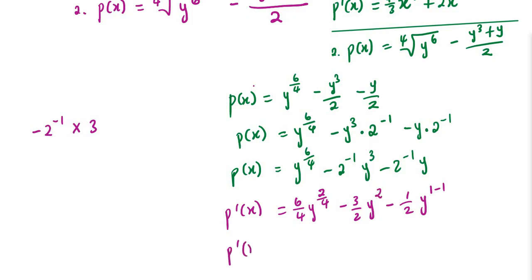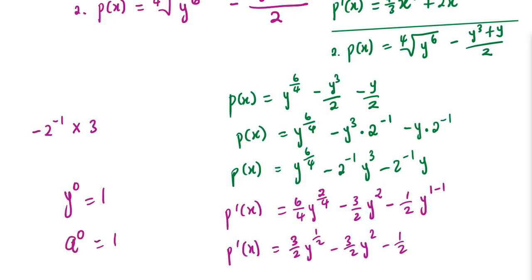So p prime is going to be 6 over 4 y to the power of, when you simplify 6 over 4, it gives you 3 over 2, and then here you're going to have a half, and then you can have minus 3 over 2 y squared, and then you're going to have minus a half. Now, I'm going to remove this because 1 minus 1, remember, it's y to the power of 0, which is 1. Remember that in grade 10, we said anything to the power of 0 is 1. Okay, so that's what we'll have. And that's the answer there.